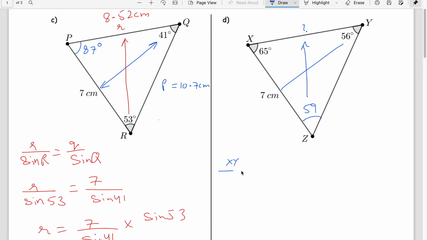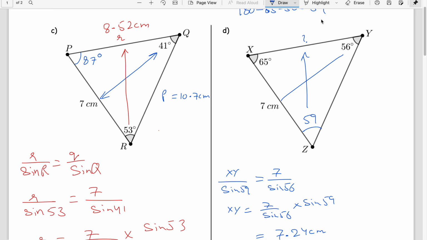So side divided by sine 59 is equals to another known side over known pair. So xy is equals to 7 by sine 56 times sine 59. So 7 by sine 56, punching in your calculator, times sine 59, and the answer is 7.24 centimeters, up to three significant figures, whatever the demand of the question will be.